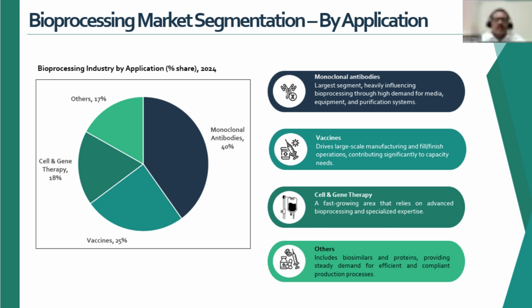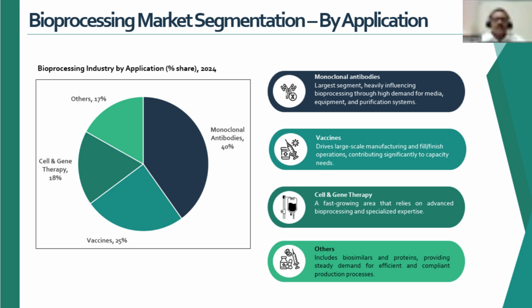Many of the blockbuster biologic drugs are monoclonal antibodies such as Humira and others, and use has increased after COVID. There is increasing research on mRNA and viral vector type vaccines, which creates demand for these bioprocessing technologies.